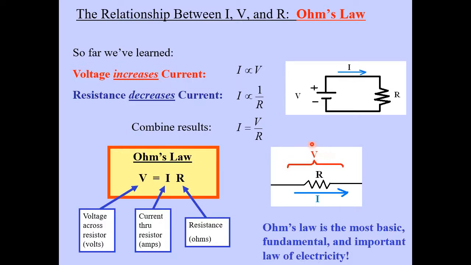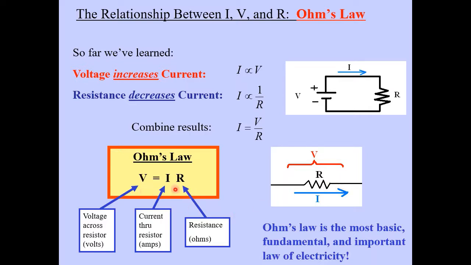And the voltage is usually created by a battery or a power supply. We'll see examples of this shortly. So V is the voltage across this resistor. I is the current that flows through the resistor. Current, remember, is flowing through these wires and through the resistance. And then R, of course, is the resistance.